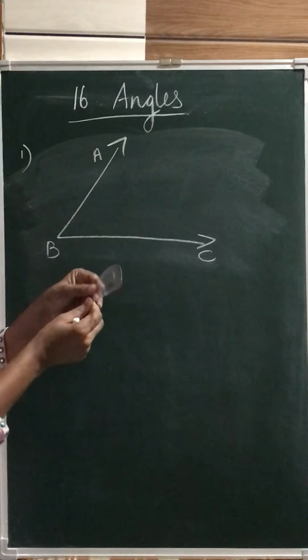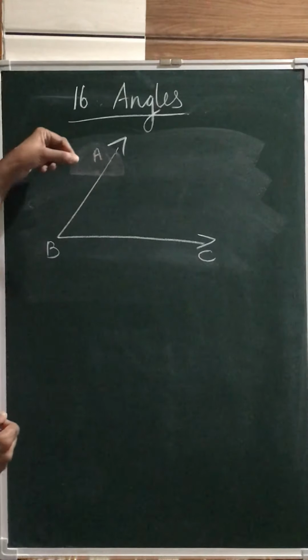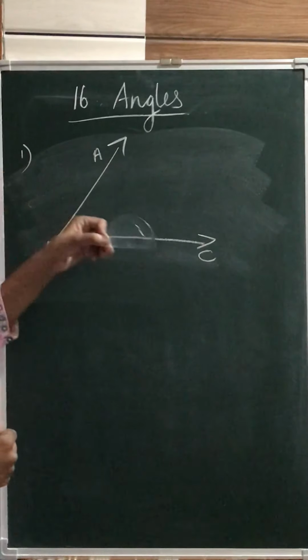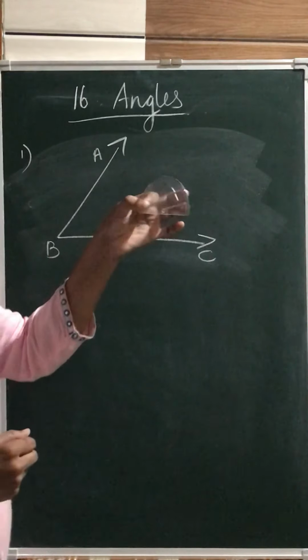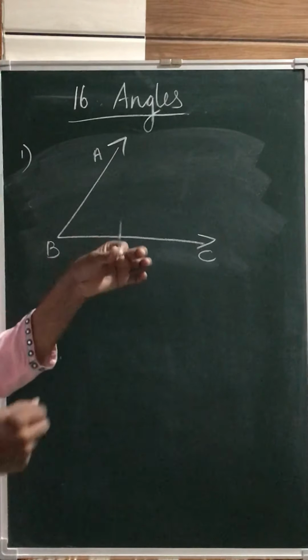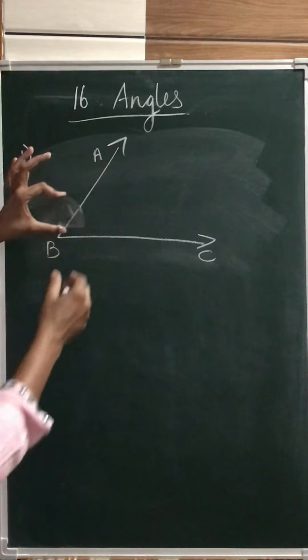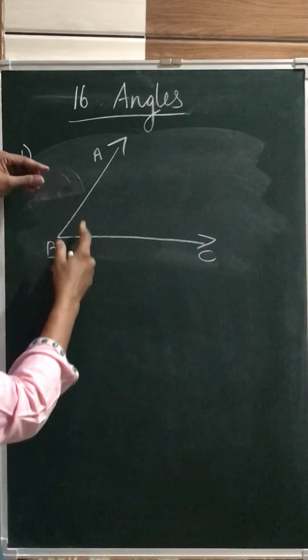We know this is an instrument. Using this we can measure this angle. This is known as a protractor. Usually we say D, but the actual name is protractor. Using this instrument we can measure this angle.